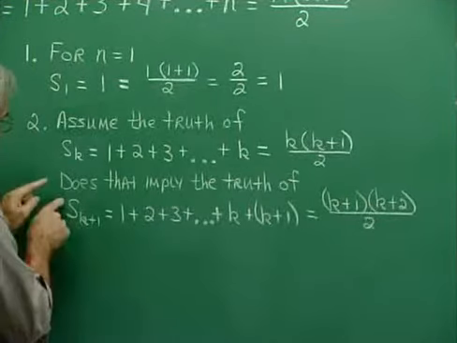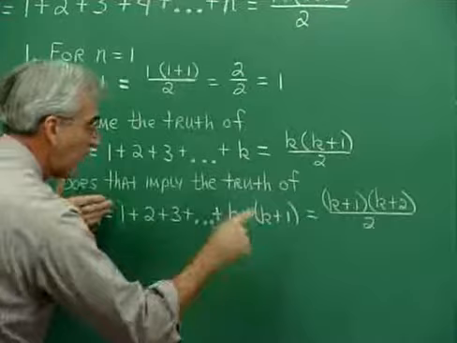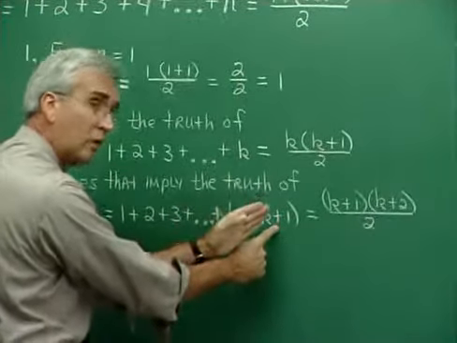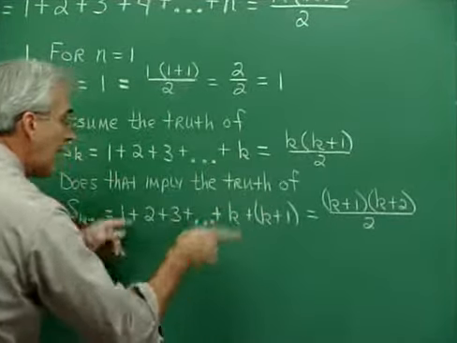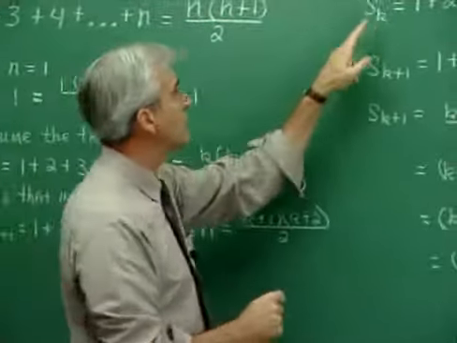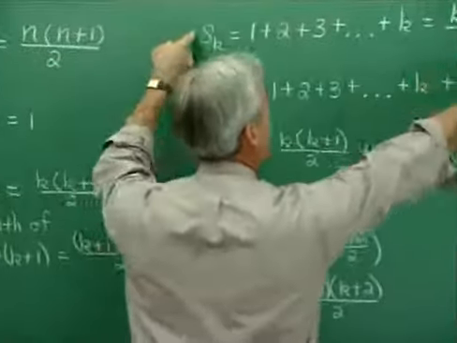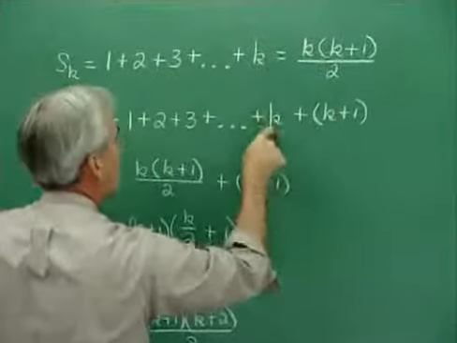We start with the sum of k plus 1 terms, which would be 1 plus and so on all the way to adding the k plus 1th item. All right, and then we utilize this information and try to show that. Here's what we're doing. We take s of k, here's s of k.